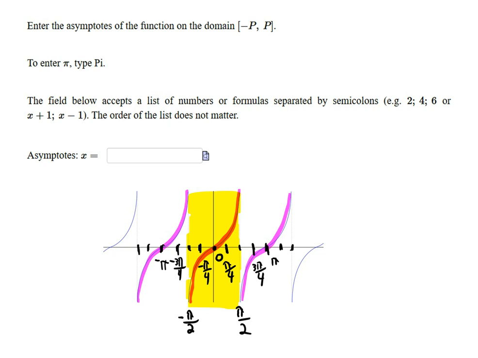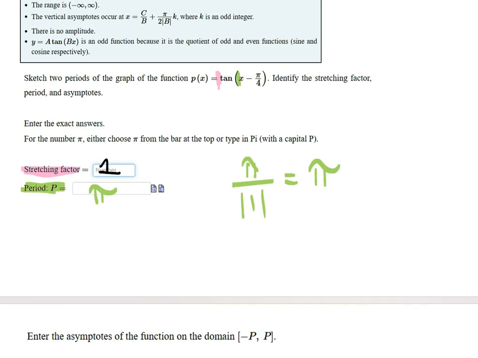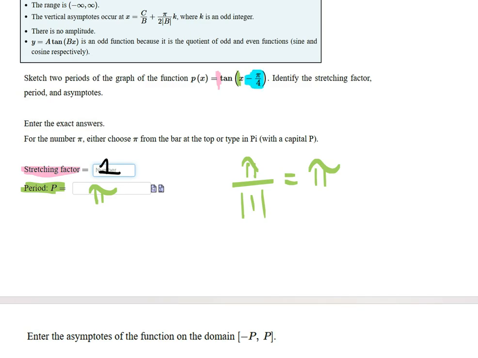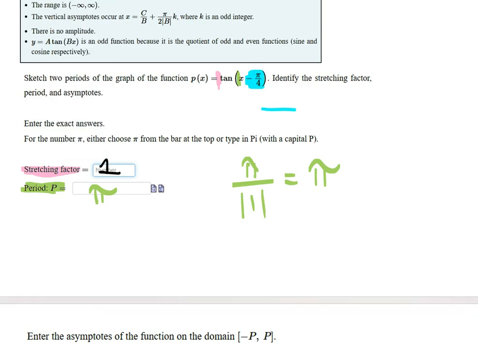All right, now, our function. Here's our function. Our function is going to be shifting. You've got this minus pi over 4. That tells you that it's going to be going to the right, positive pi over 4.